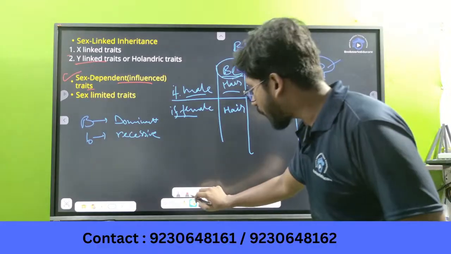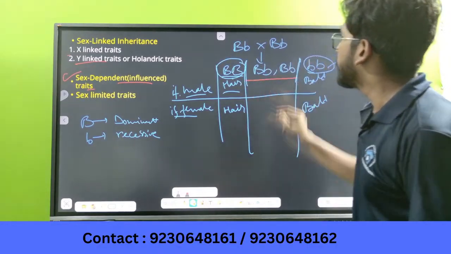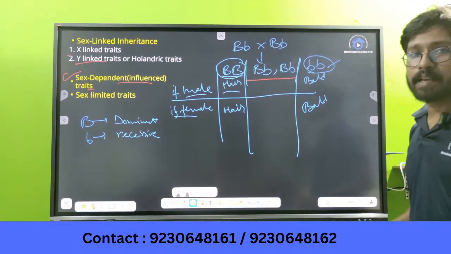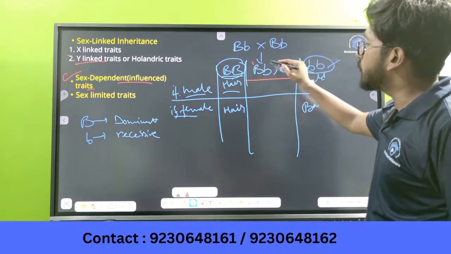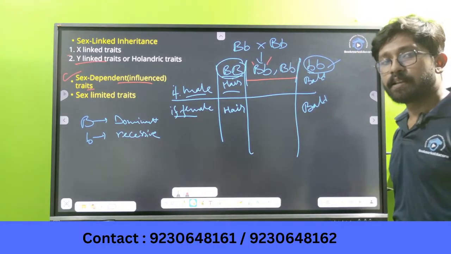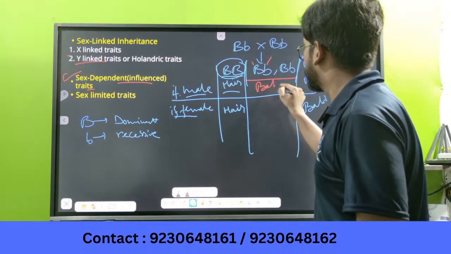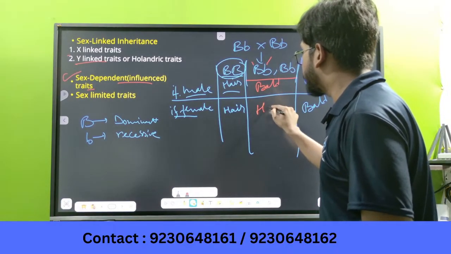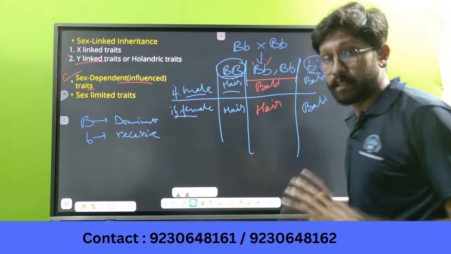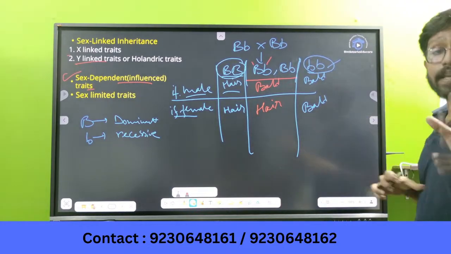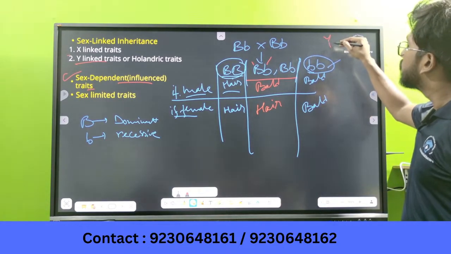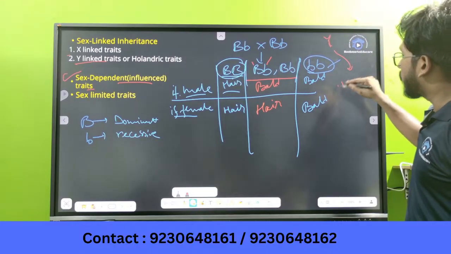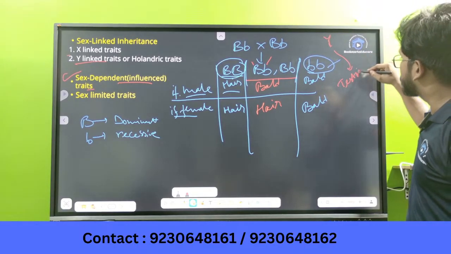Now the fun part occurs here. If it is a heterozygous characteristic where one dominant and one recessive character is there, male will be bald, but the female will have hair. Why? The presence of Y chromosome determines whether you have testosterone or not.